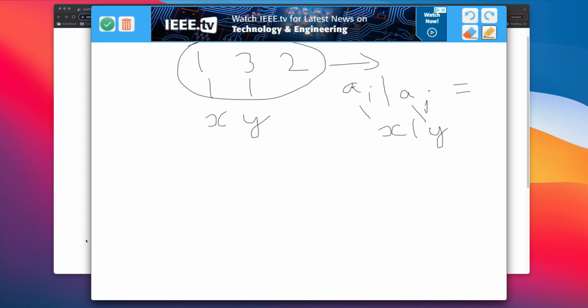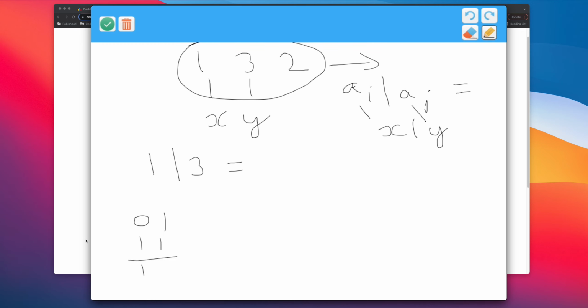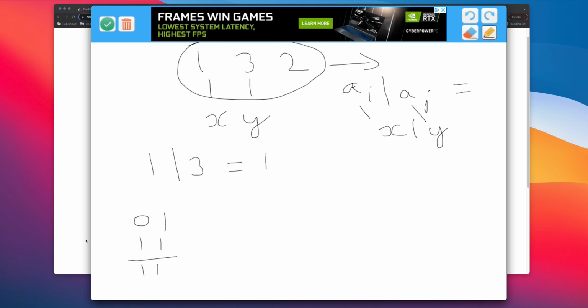So if this relation is maintained, then you can replace ai with x and aj with y. For example, in this case 1 OR 3, which is 0 1 OR 1 1, will give us 3. Similarly, if I had done 1 OR 2, so 0 1 and 1 0 would have given me 1 1, so this equation is satisfied, and I can replace 1 with 1 and 3 with 2.